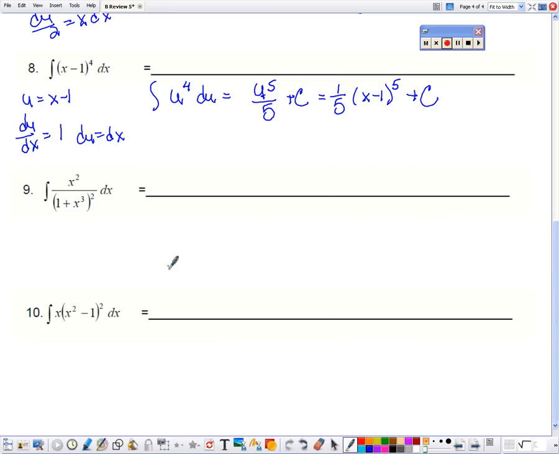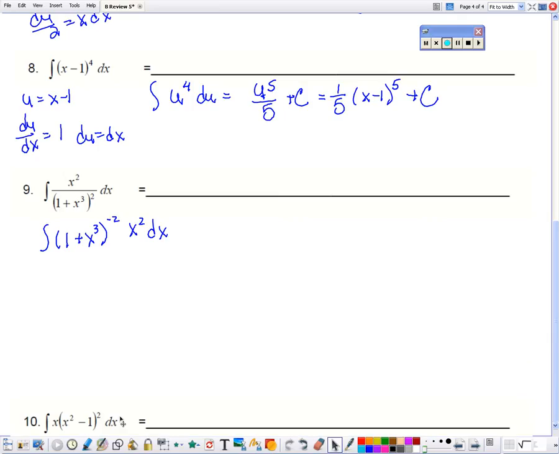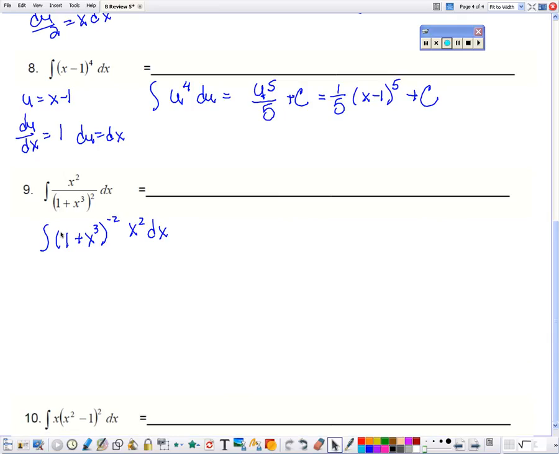Number 9 we have to rewrite so that we don't have the fraction. Then I'm going to choose u to be 1 plus x to the 3rd, which means du over dx is 3x squared.